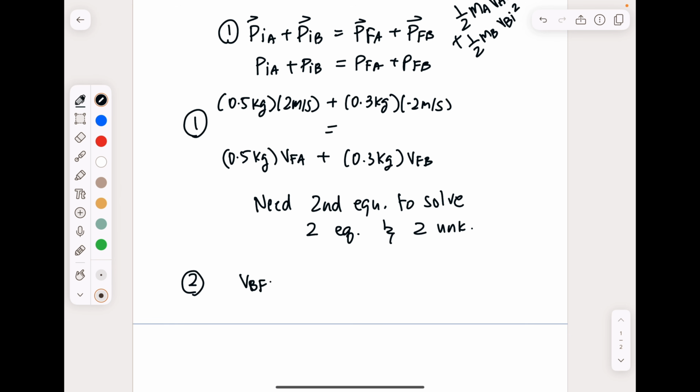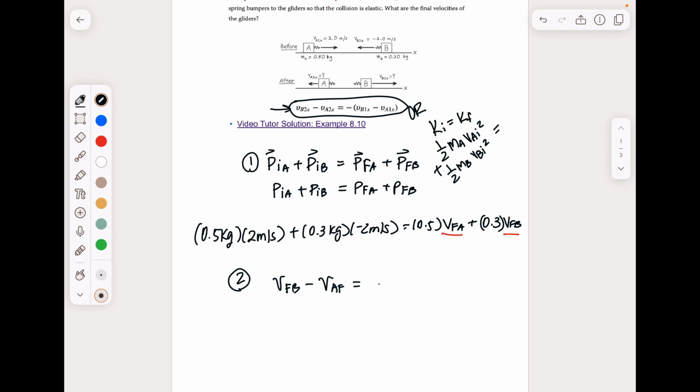VB final minus VA final equals negative VB initial minus VA initial. Okay. Let me fix my subscripts there. There we go. So let's plug in our values here. We don't know VBF, we don't know VAF, but we do know VBI and VAI, which are negative 2 and 2, respectively.